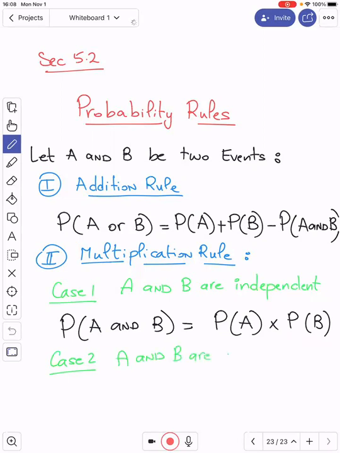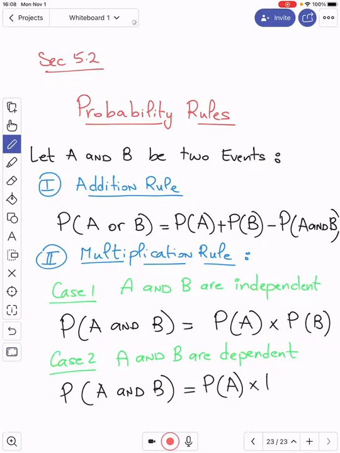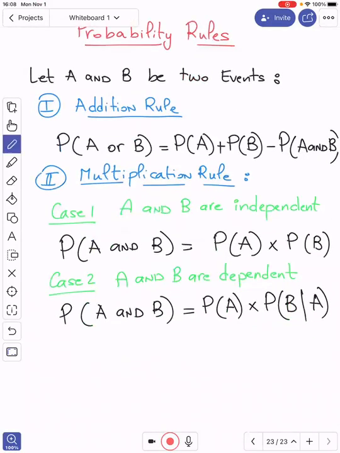So if the outcome of A changes the probability of B, for example, then the probability of A and B will be equal to the probability of A times the probability of B given A. This bar right here means given.